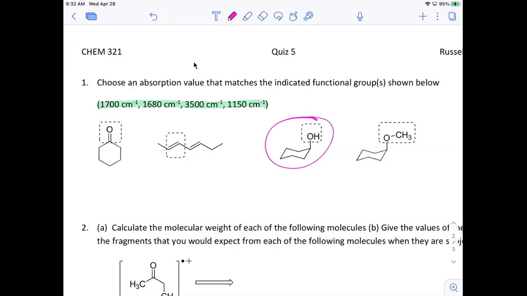The third one? The 3500? Mm-hmm. Yep, I agree with you on that. All right. What about the alkene?